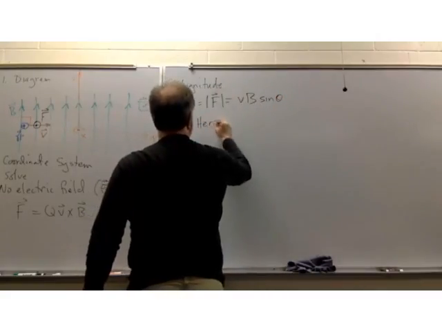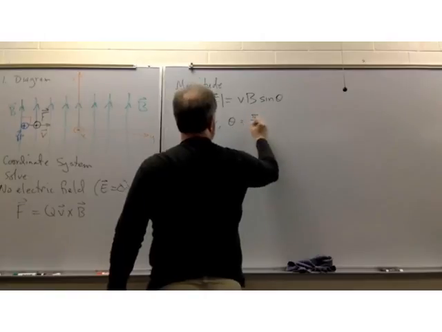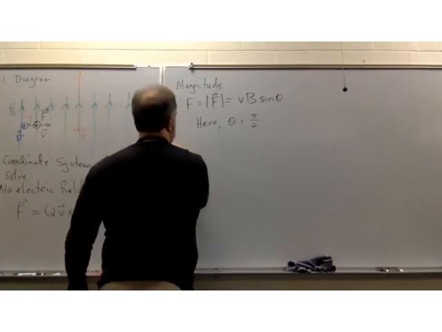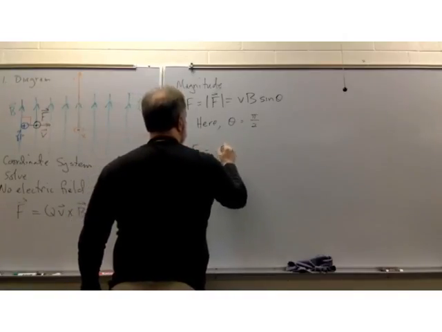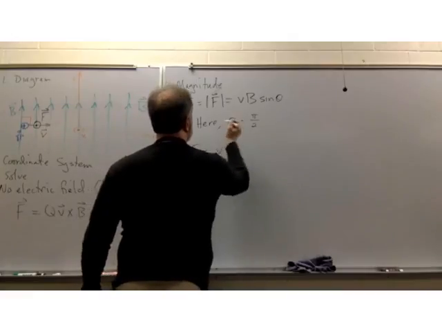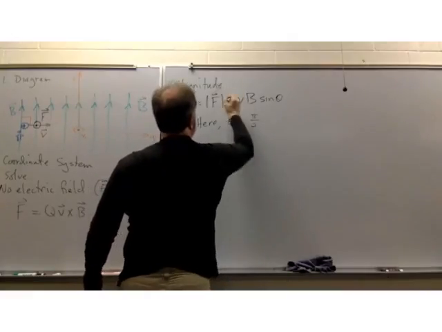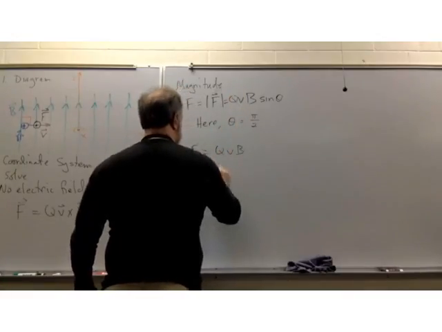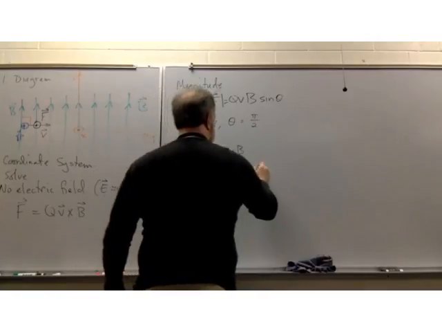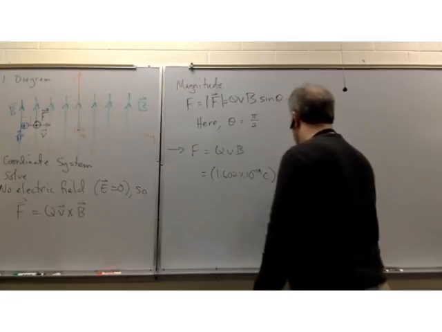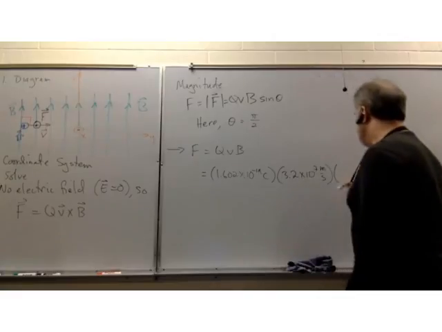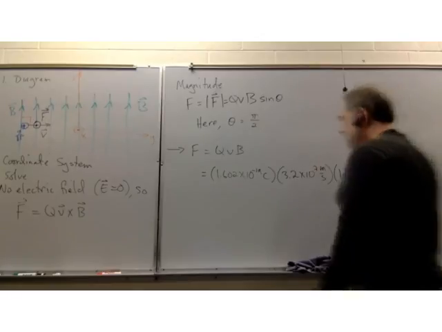In this case, the angle between them is pi over 2, and sine of pi over 2 is 1, so we end up with F equal to Q times V times B. That's 1.602 times 10 to the minus 19 coulombs, the velocity 3.2 times 10 to the 7th meters per second, and the magnetic field 1.2 times 10 to the negative 3 Tesla.